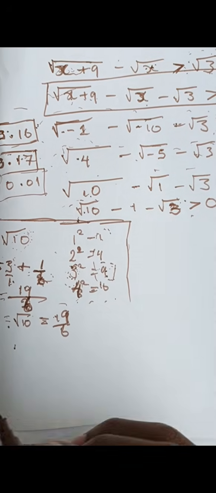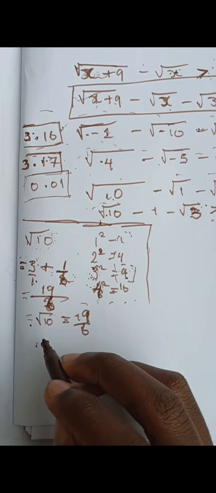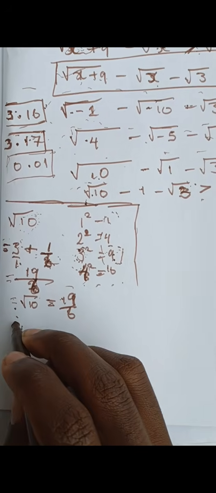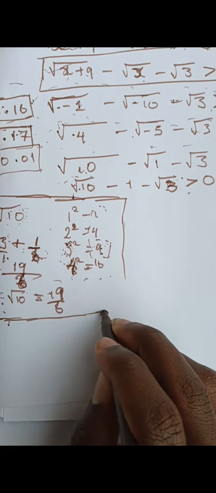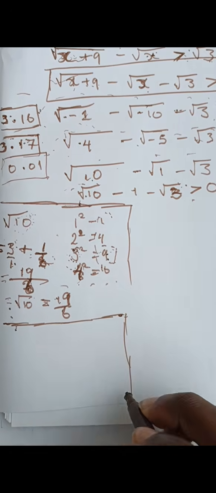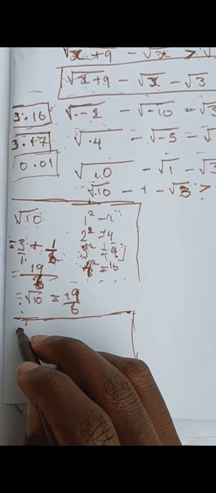Okay. Now there's something I want you to know. There are some exceptions. There are some values where this method doesn't work. In case on the exam you find yourself in such a situation, they are the ones which are there.